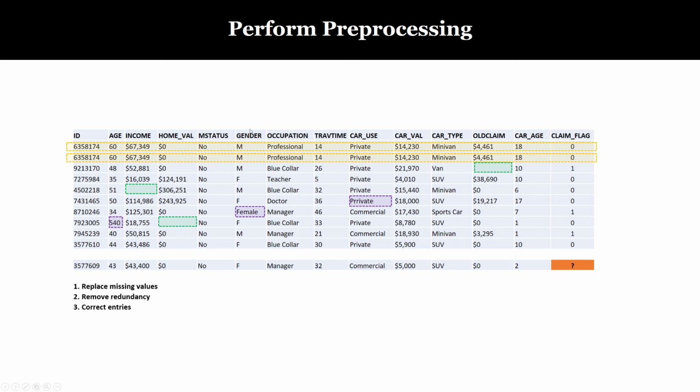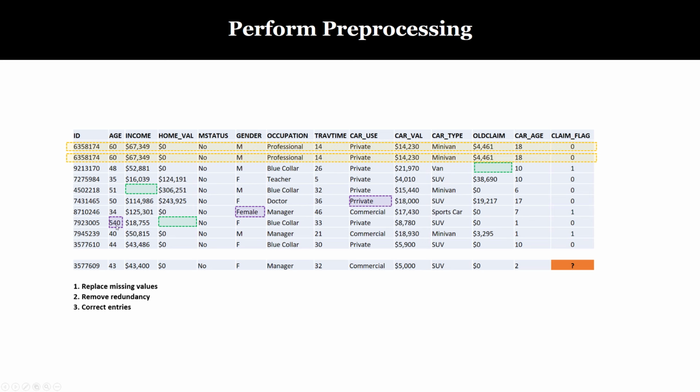Another thing here, under the gender column, most of the column, as you can see, is either male or female, M or F. Somebody put female here, which again will be considered as a third value, which is not correct in this case. So this needs to be corrected as well.